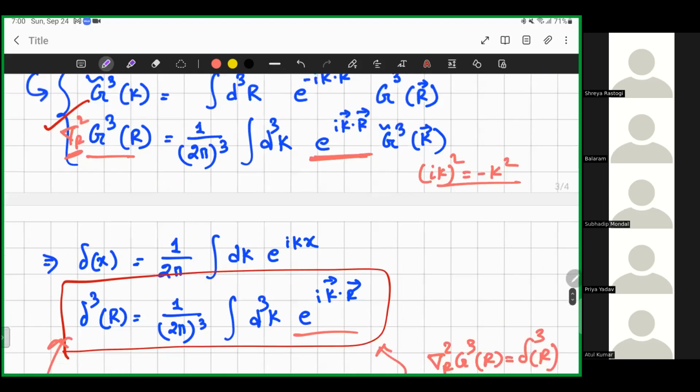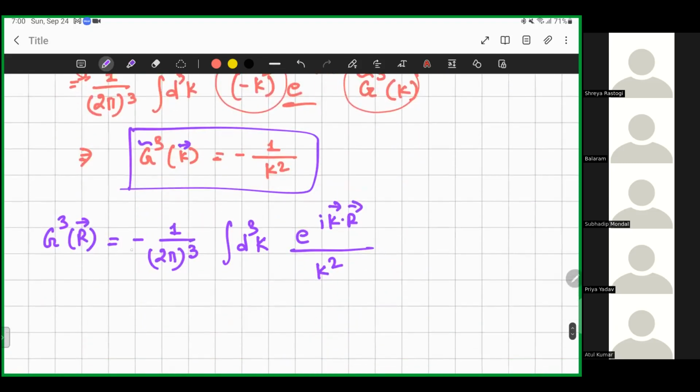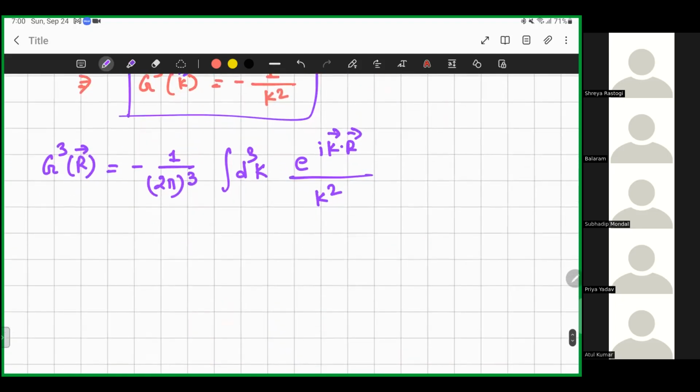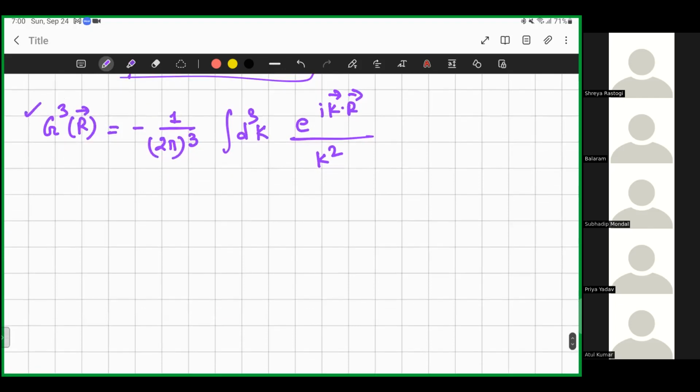In this form, this is the form of G(r). I have put in terms of the green function of k, the minus 1 by k square, so that's why the minus and the k square appear here. So this is the form of our green function. We needed this part, right? Now we have to solve this integral. If we solve this integral, then easily we have the green function and we can evaluate the form of our function.